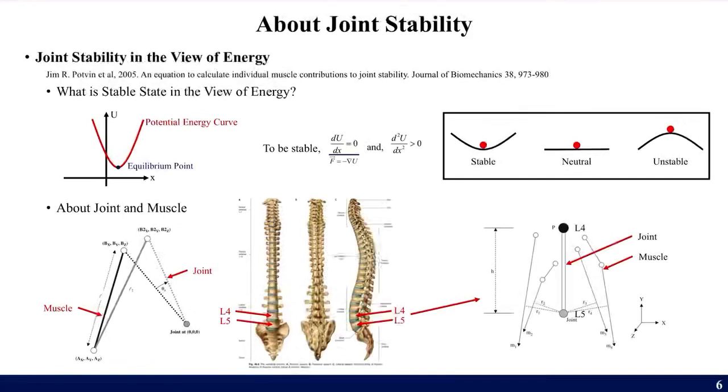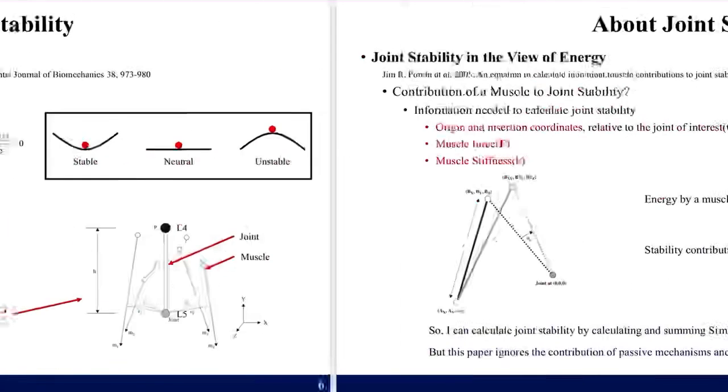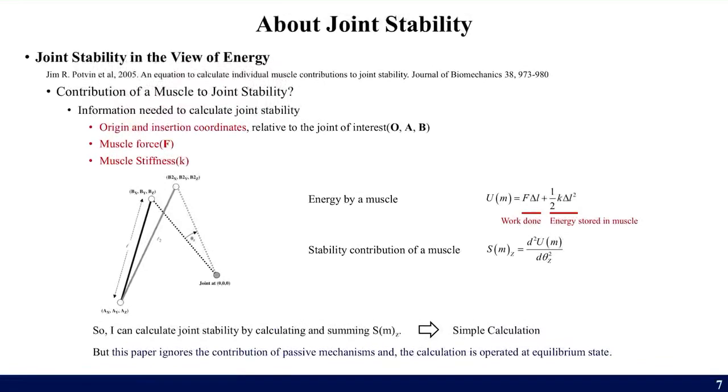The pictures on the bottom are about the modeling of this paper. The paper calculated the joint stability of the spine, the L4, L5 joint. To calculate the joint stability, I need to know three inputs.